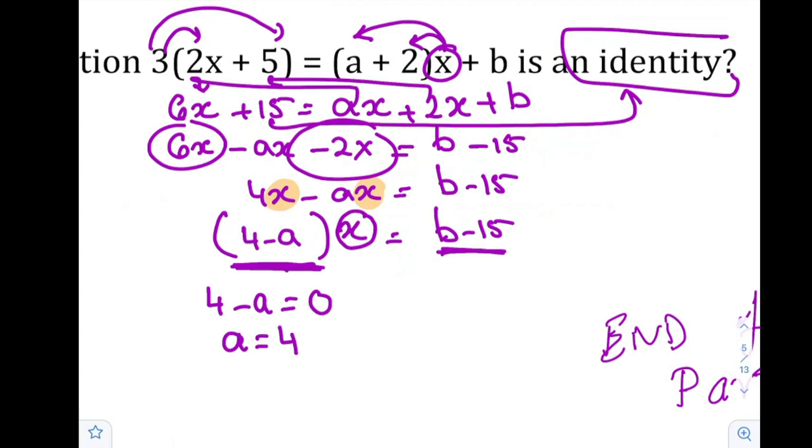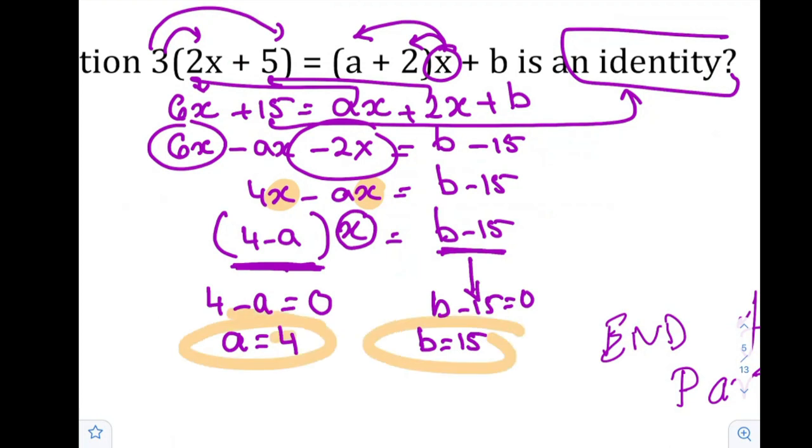Right? And that side should be the same as the right-hand side. Left-hand side and right-hand side should be the same. So b minus 15 should also be equal to 0. So b is equal to 15 here. So that means a equals 4 and b equals 15.